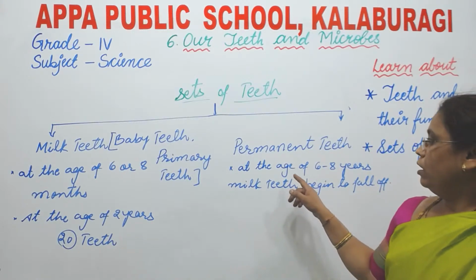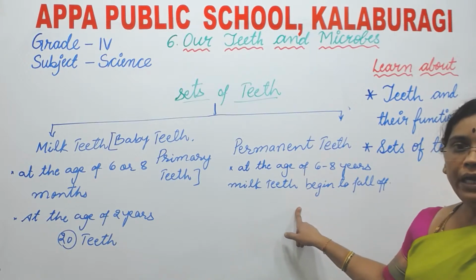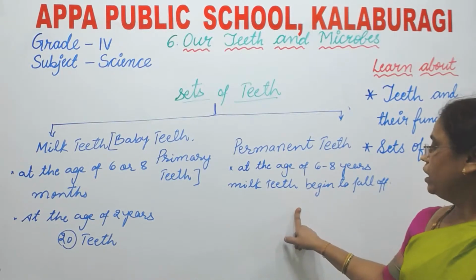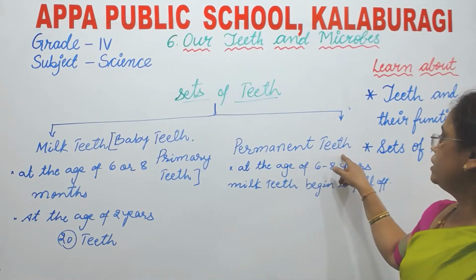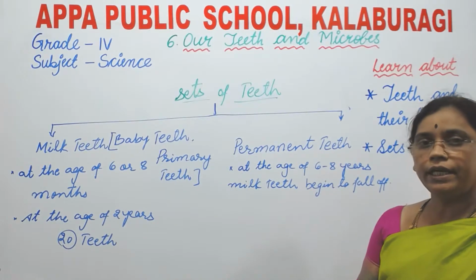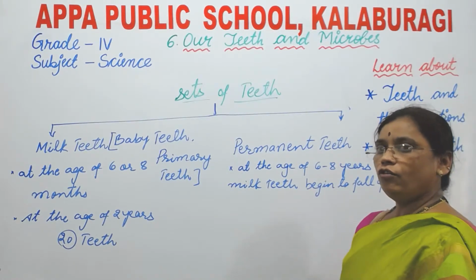So, in place of the milk teeth, new teeth will grow, and this set of new teeth is known as permanent teeth. What is it? A set of new teeth.